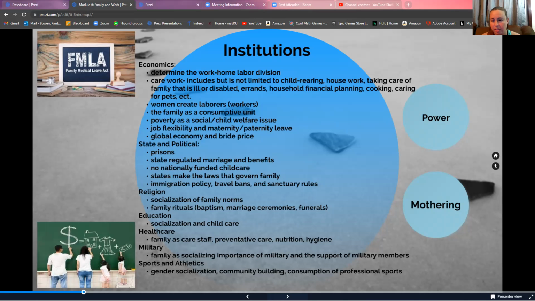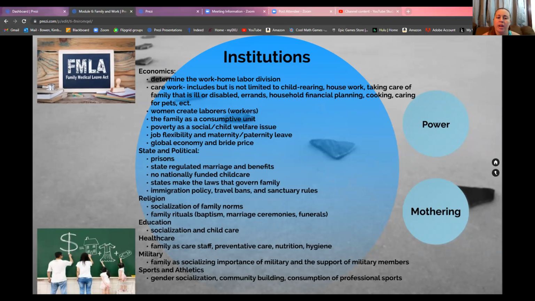And we'll get into how that operates a little more in our next chapter, especially as our economy does not necessarily accommodate a single income household predominantly anymore, even in the middle class, which has led to a distinct difference in how labor becomes unequal. We'll get into that a little more in the labor section.